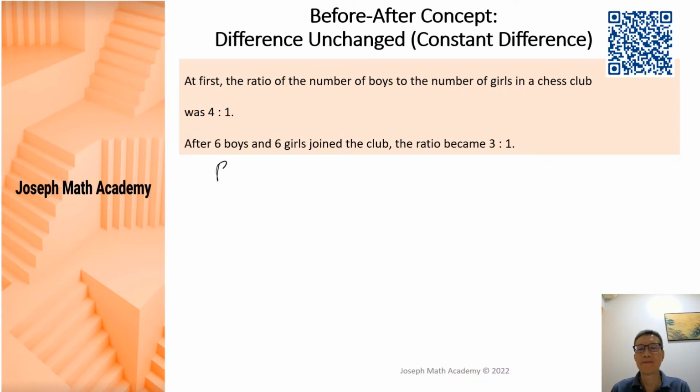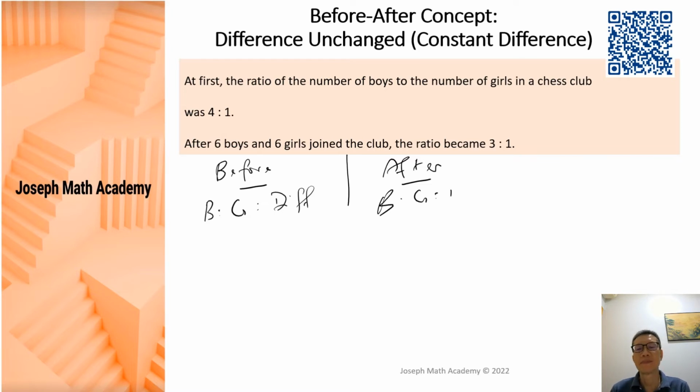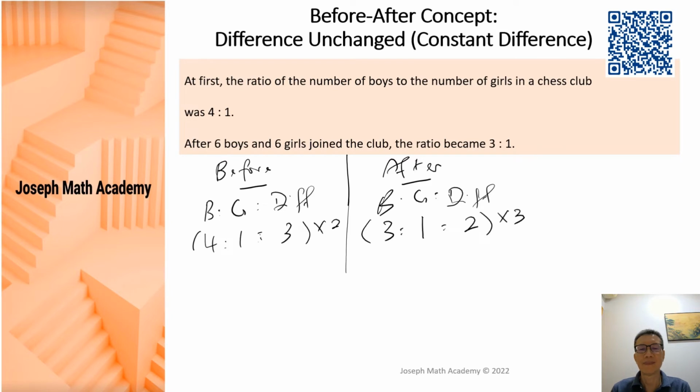So let me rewrite this again, before and after. Okay, so we have 4 to 1 gives me 3, and what we did was we times 2 here, and then over here we have 3 is to 1 gives us 2, and then we times 3 here, and we have equivalent ratios for both before and after.